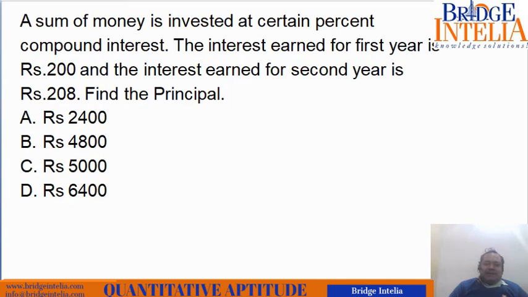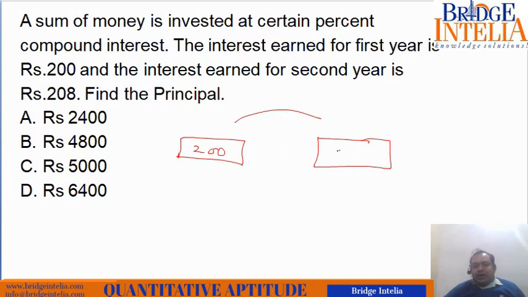So now let's apply this concept here. A sum of money is invested at a certain percent compound interest. The interest that you have earned in the first year is 200. Next year you are definitely going to get 200, but you got 208.